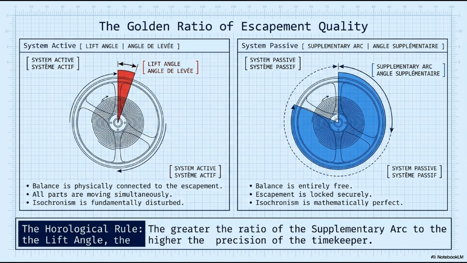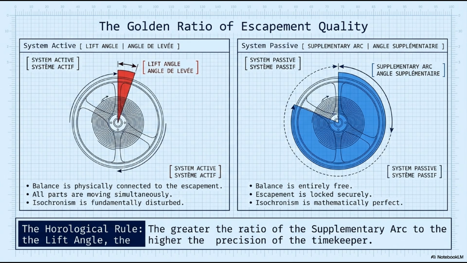That's quite good. For the detent escapement, which delivers impulse on only one alternation and has a nearly zero force unlocking mechanism, the ratio is even higher, directly explaining its superior precision. For the verge, the ratio approaches zero, there is no supplementary arc at all. Isochronism is continuously disturbed.